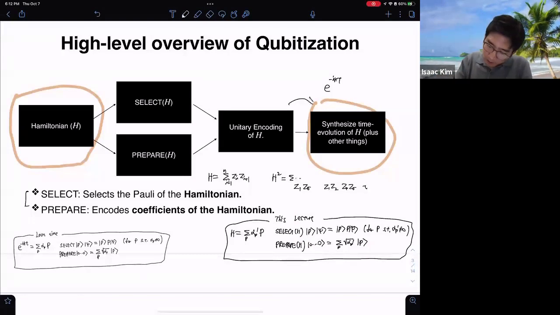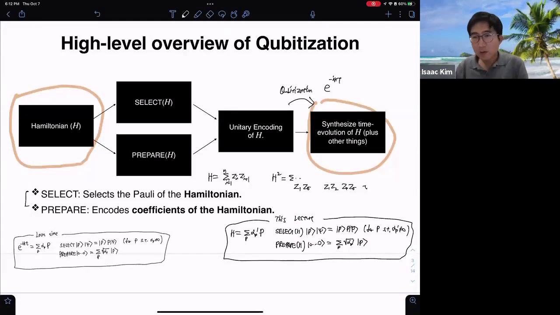Qubitization is a process, or an algorithm or a framework, in which, given a unitary encoding of H, you transform that into this e to the minus iHt. In fact, it's more general than that. You can apply more general operators which are a function of H, but Hamiltonian simulation is one concrete and very important application.